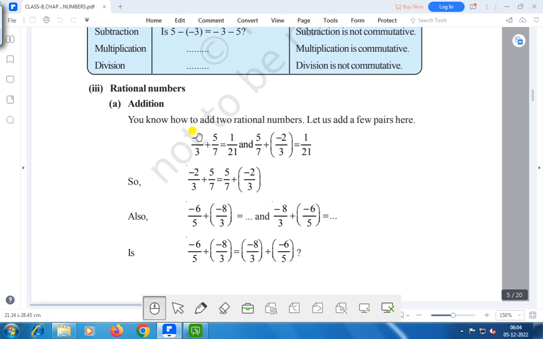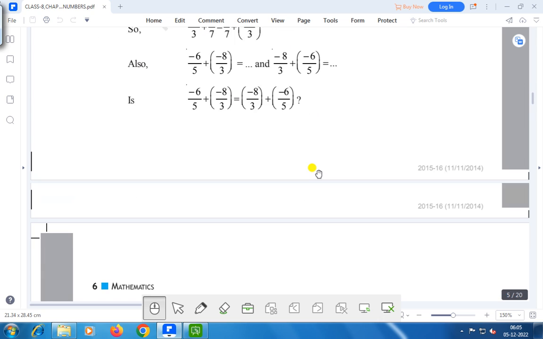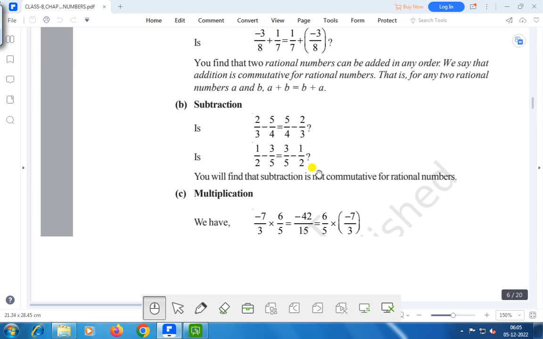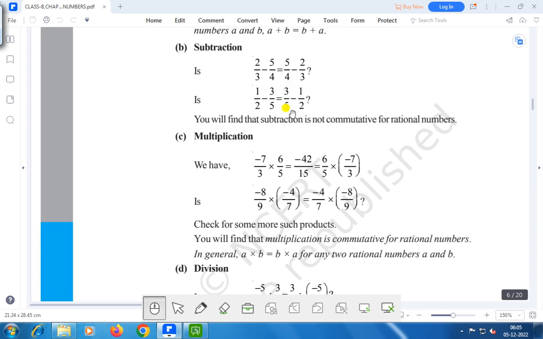Rational number addition: you see here minus 2 by 3 plus 5 by 7 is 1 by 21. 5 by 7 minus 2 by 3 is equal to 1 by 21, right? That means the two rational numbers can be added in any order. We say that addition is commutative for rational numbers. That is, for any two rational numbers a and b, a plus b is equal to b plus a.